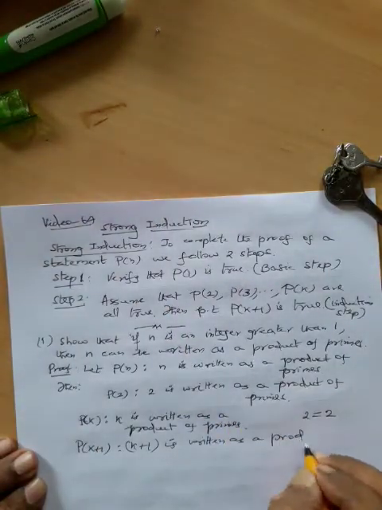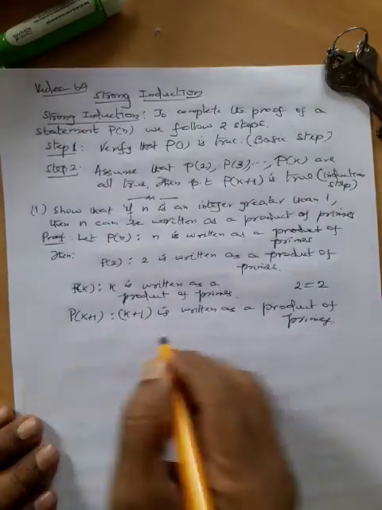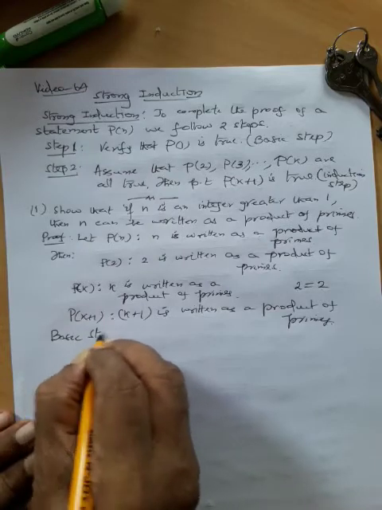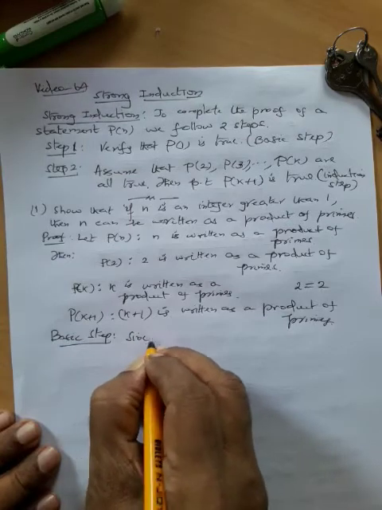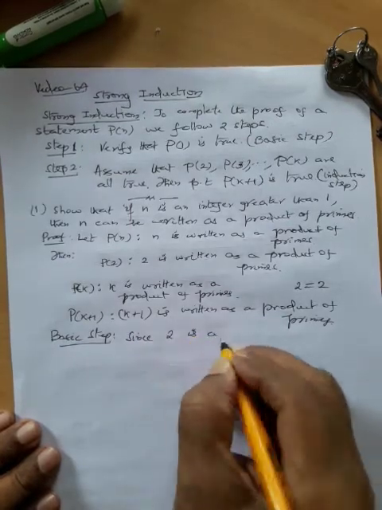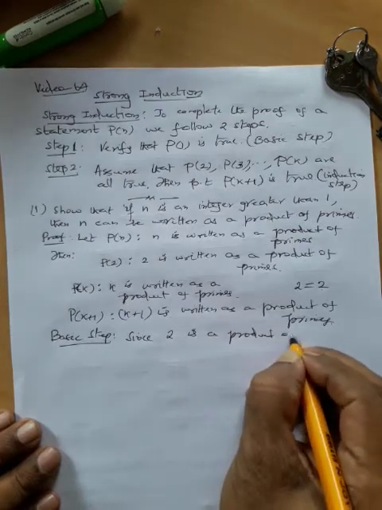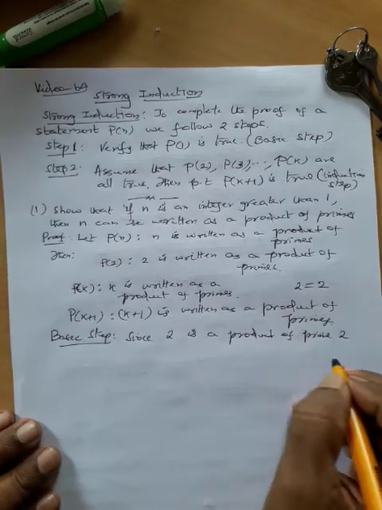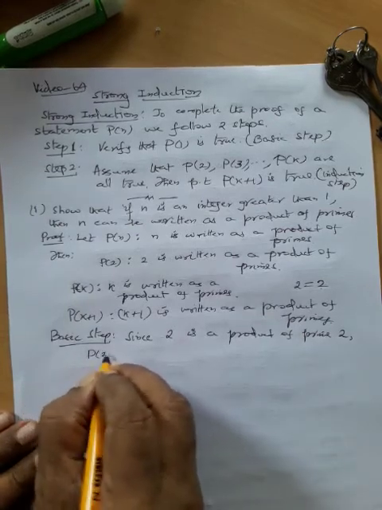So now the basic step. Since 2 is a product of prime 2, P of 2 is true.